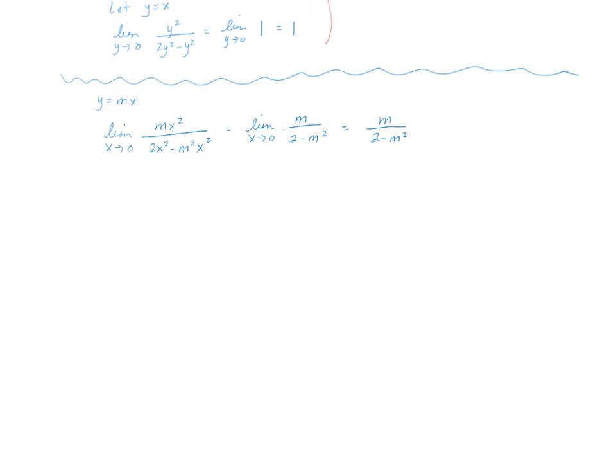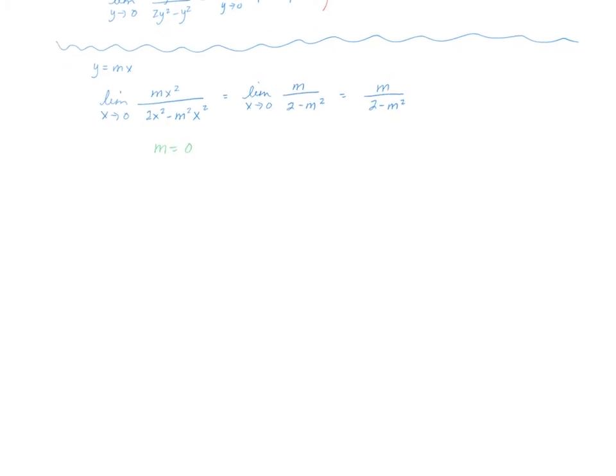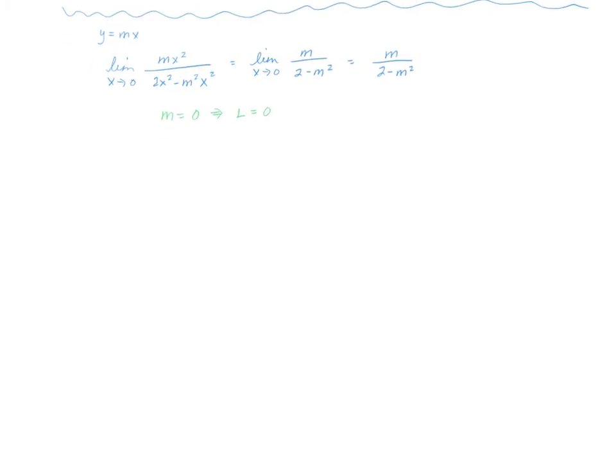For example, if I let m be equal to 0 in this expression, I get 0 over 2, which is 0. So that means if m is equal to 0, L is equal to 0. And then I'll just put in another m value. I'll try 1. If m is equal to 1, then this limit is 1 over 1, which is 1, and I'm done. The limit does not exist because I got two different values.